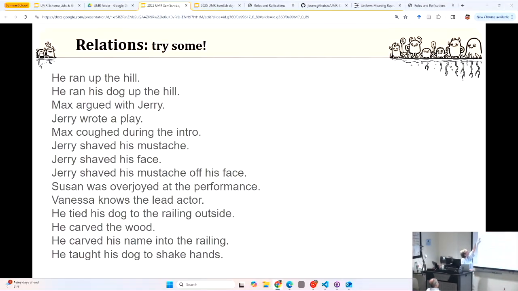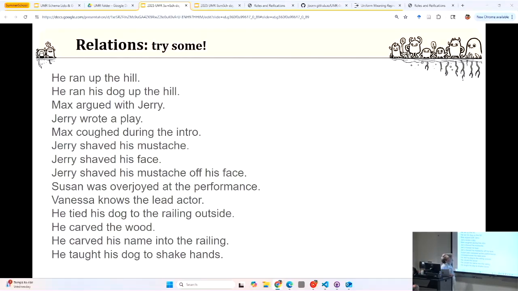Okay, so "he ran up the hill." What roles do you think they might be? Will "ran up" be one verb, or are we treating the phrasal verb in a different way? Oh, I'm sorry. We'll put a label on "he," and we'll put a label on "up the hill." You don't have to; it's just for the purpose of this example.